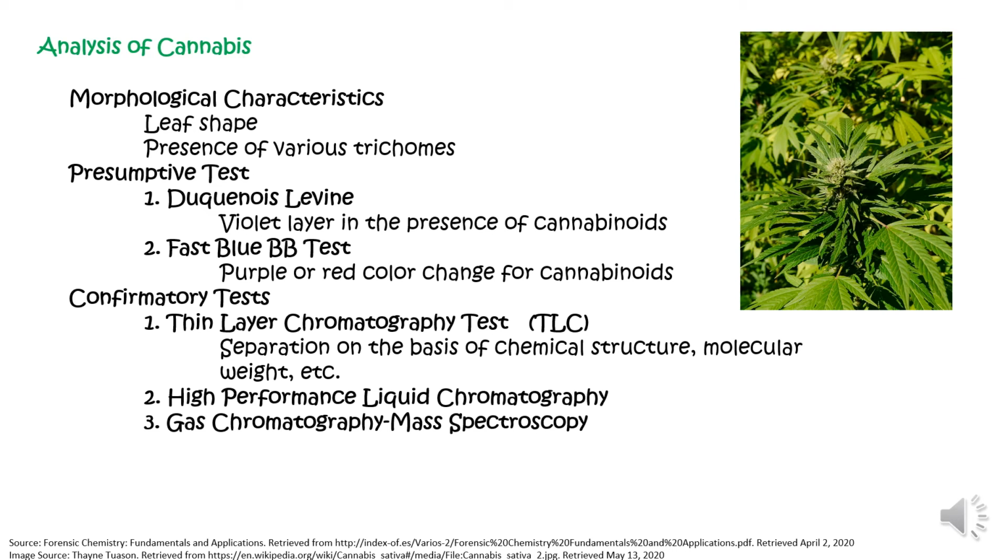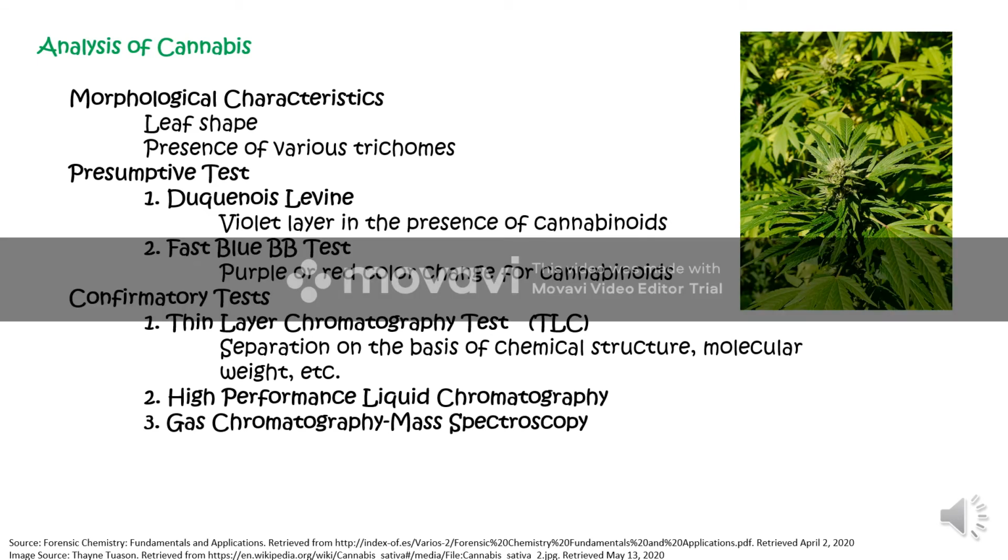The main presumptive test for cannabis is the Duquenois-Levine test, which is carried out in test tubes and gives a violet layer in the presence of cannabinoids. Simply described, the Duquenois-Levine test.